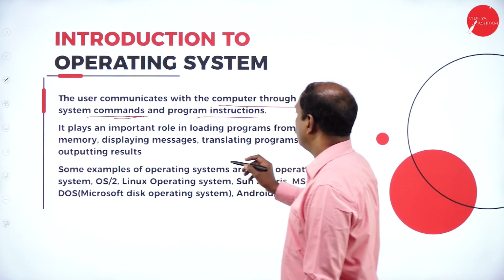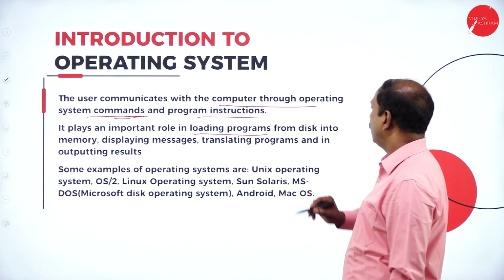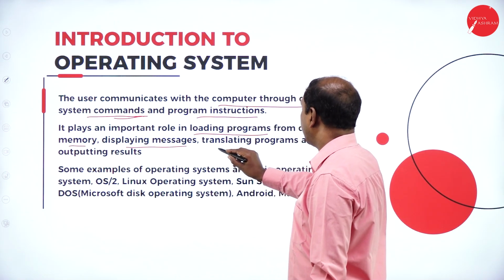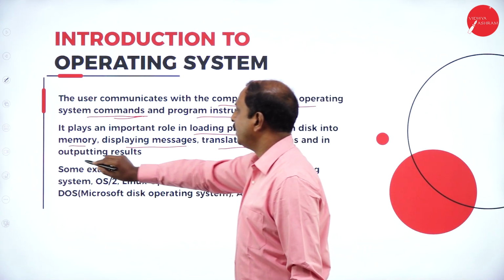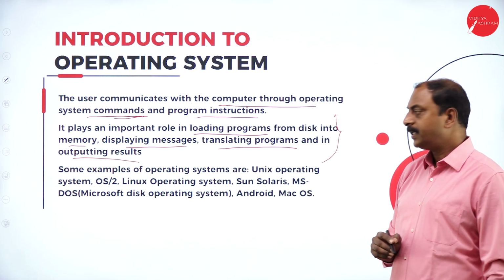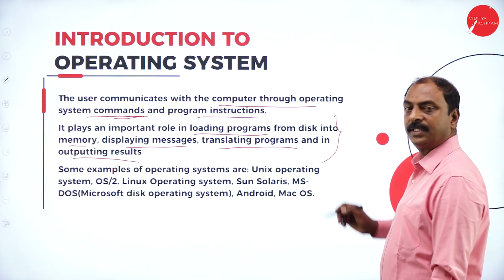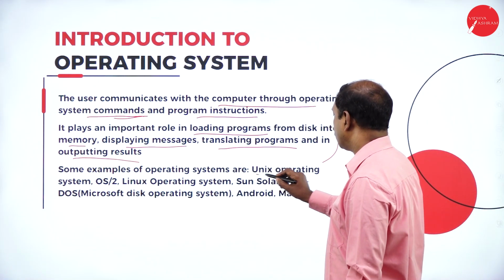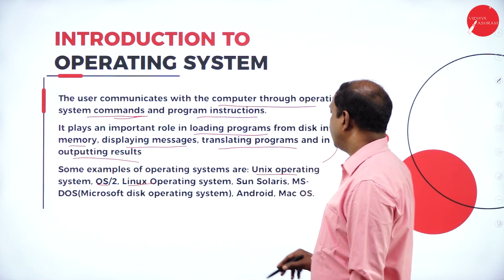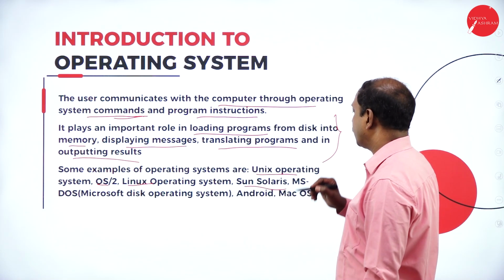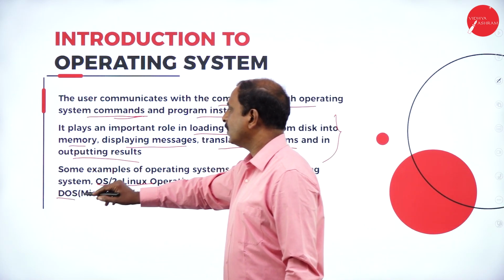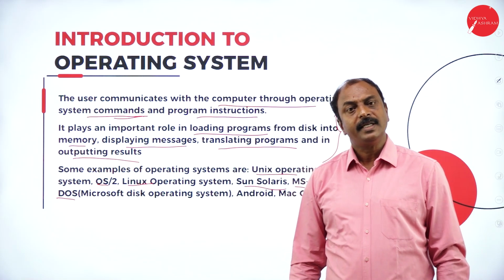And it plays an important role in loading the program from the disk into memory, displaying messages, translating programs, and outputting the results. These are all responsibilities of an operating system. Examples of operating systems, as you may know, are Unix, OS/2, Linux, Solaris from Sun Microsystems, and MS-DOS. All these are examples of operating systems.